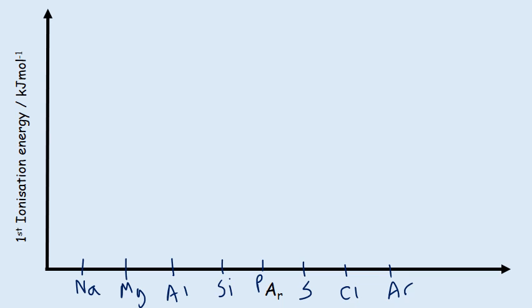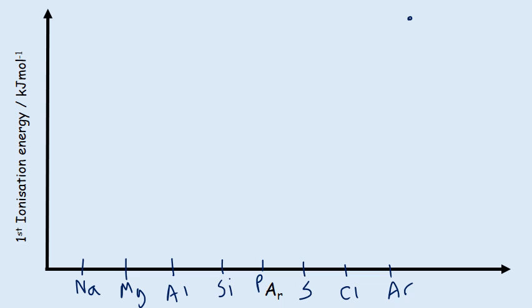Now the general trend across a period is an increase in ionisation energy because there is a decrease in radius, there is an increase in nuclear charge, while the shielding remains fairly similar.